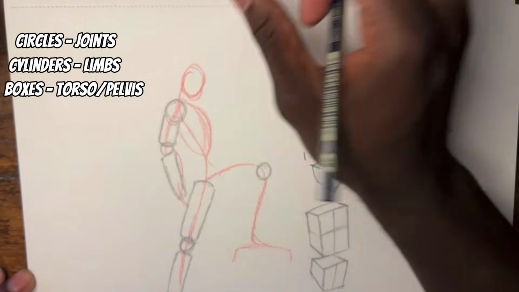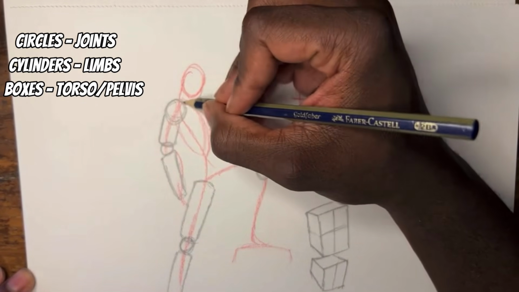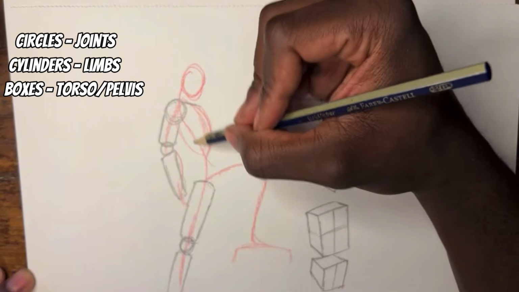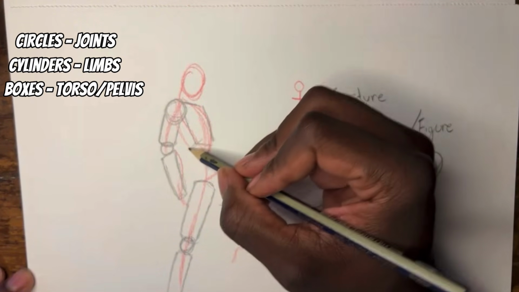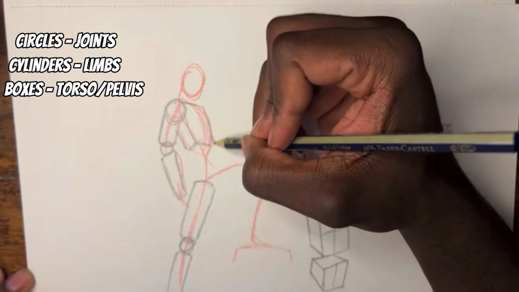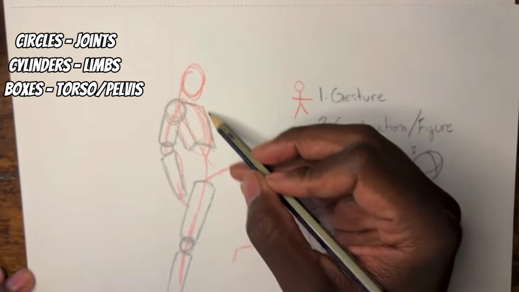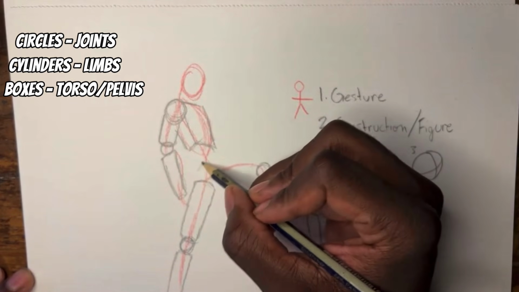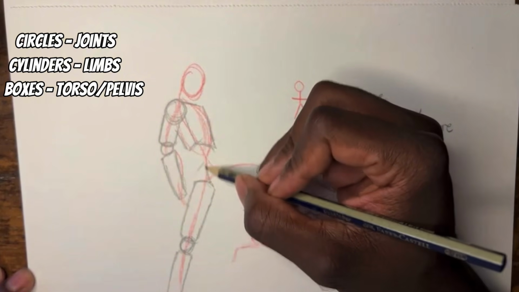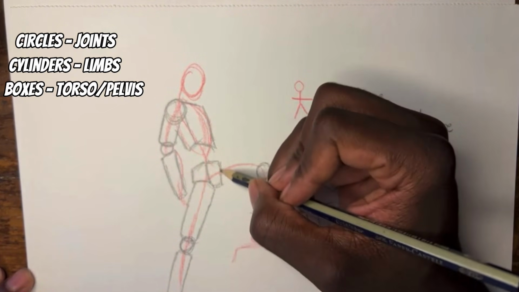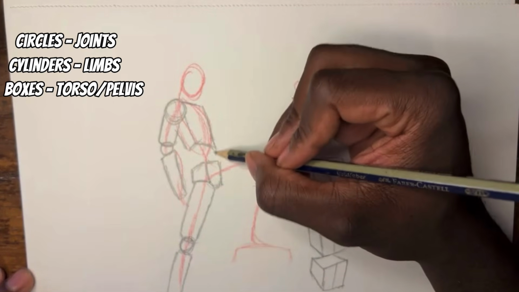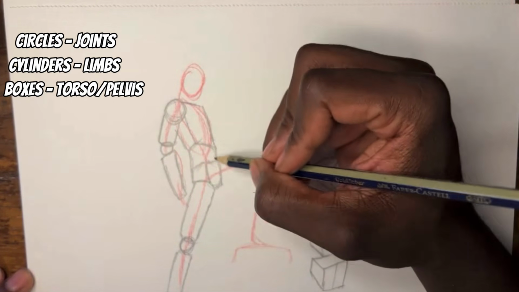So let's add our torso in. We have our first box, and that signifies our rib cage. And then we have our second box, and that is for our pelvis. And we can just connect that together right here.